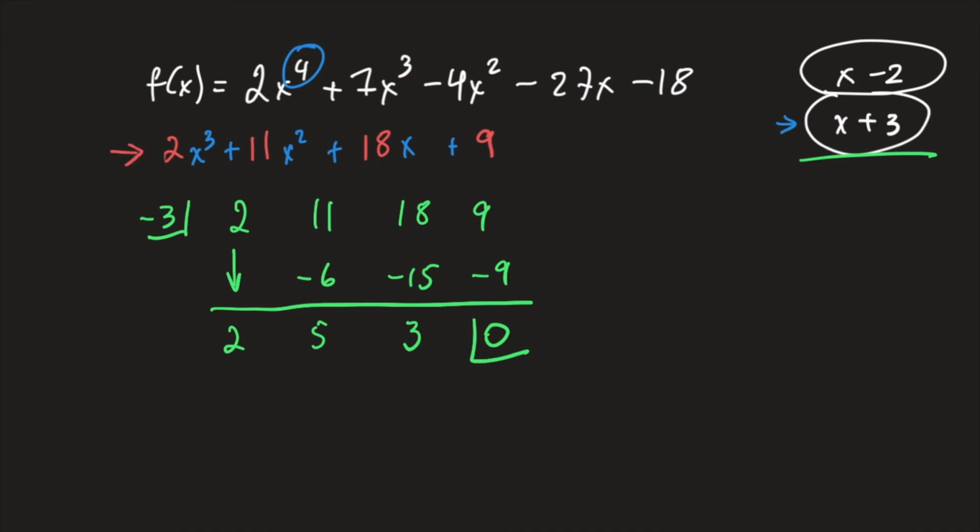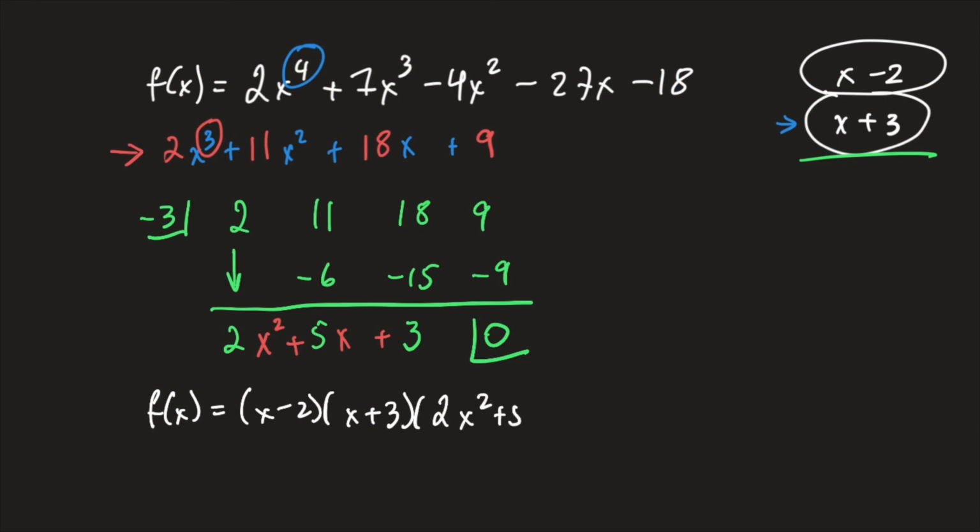So we're depressing it twice, which means we have 2x squared, because we started with a cube, now it's going to be one less, plus 5x plus 3. So finally, our original polynomial, f of x, can be written as x minus 2 times x plus 3 times 2x squared plus 5x plus 3.